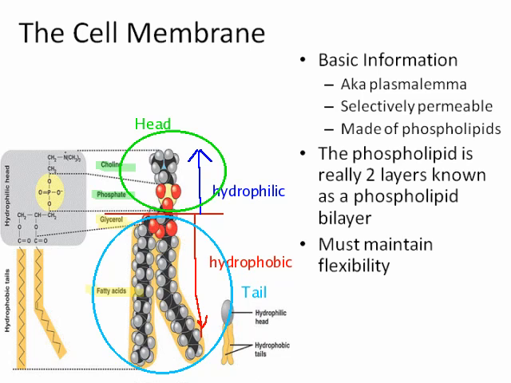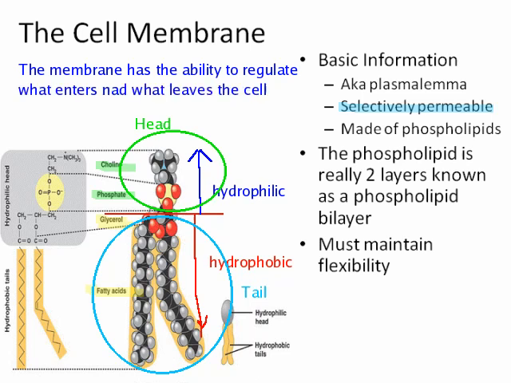When we say that, what we mean is that the membrane has the ability to regulate what enters and what leaves the cell. That definition is what we refer to as being selectively permeable.